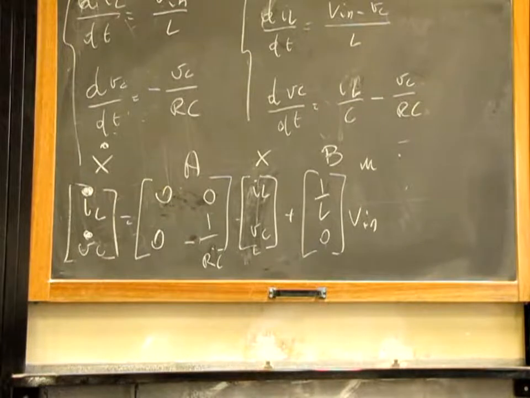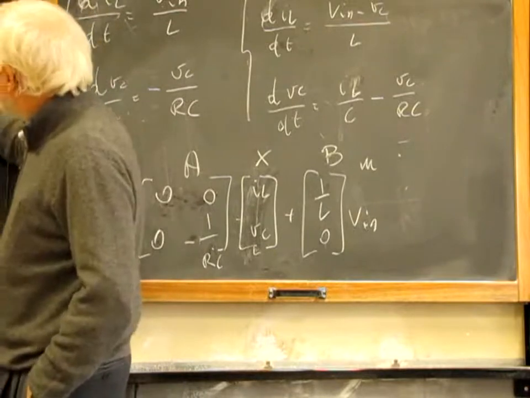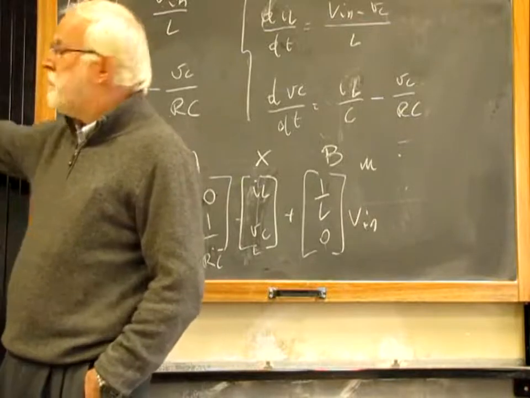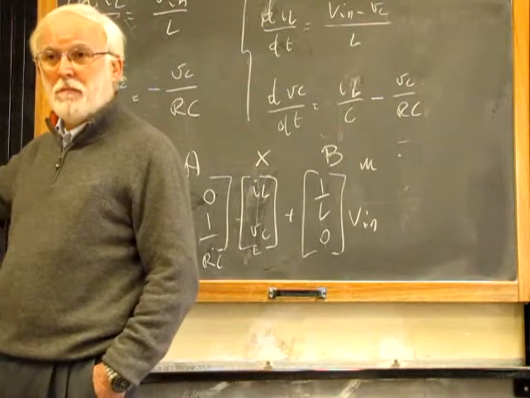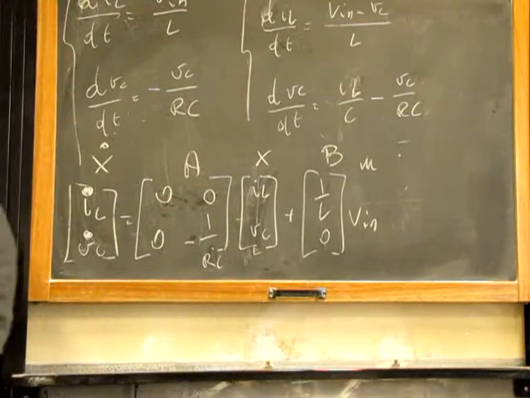For the second equation, IL dot, Vc dot equals the A matrix times IL, Vc, plus the B matrix, in this case just a vector, times Vin. Remember that if we also had I naught, that would be a matrix, and Vin and I naught would be a vector.